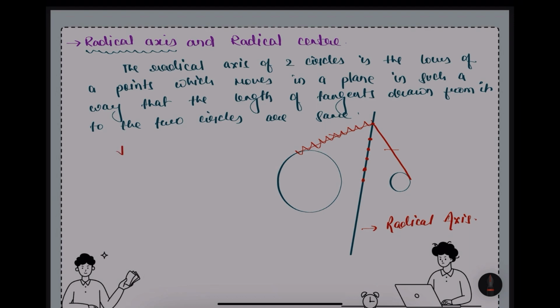Root of S1, correct? We used to satisfy the point. Suppose that this is point P, H comma K. So I'll satisfy H comma K in this curve, so root S1 we will get. I will satisfy the point P, H comma K in S2.